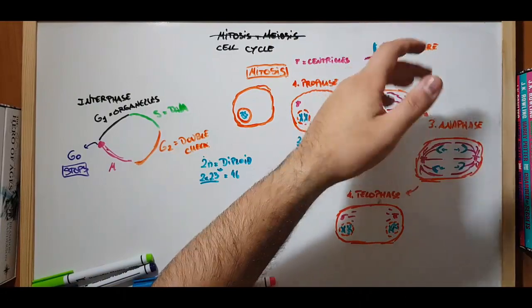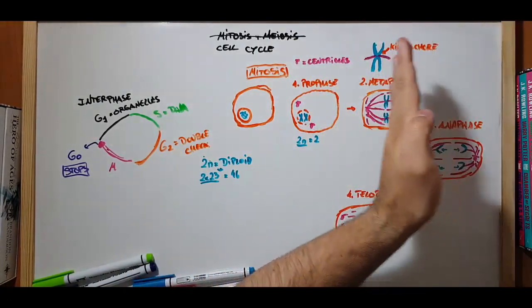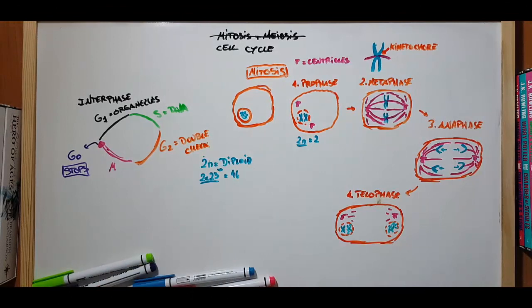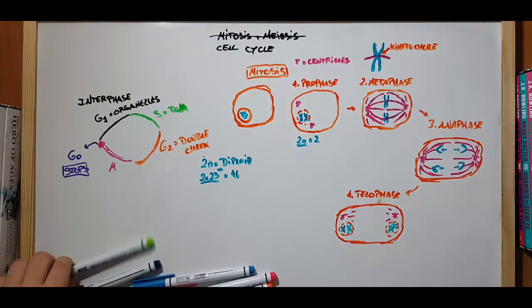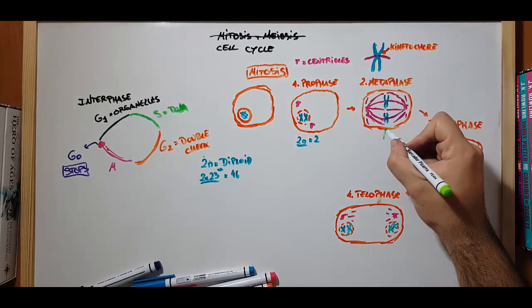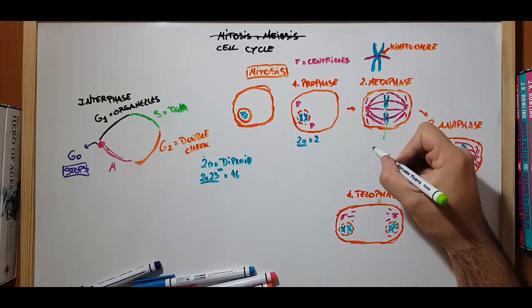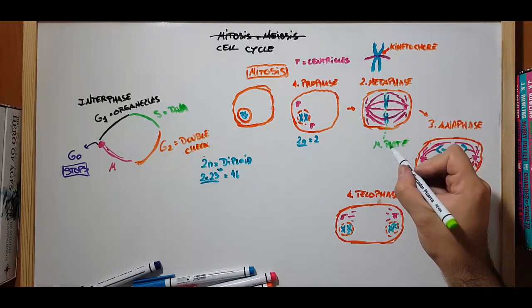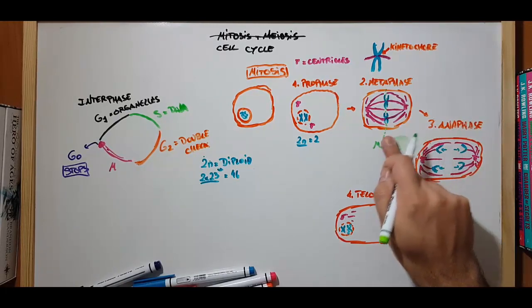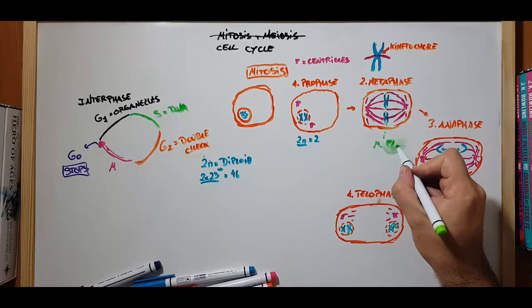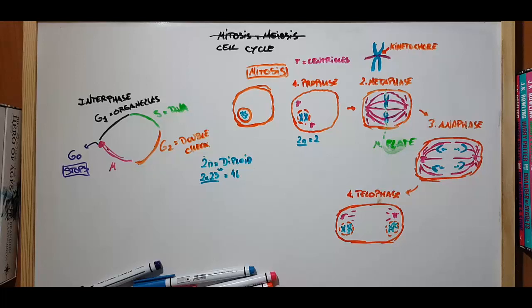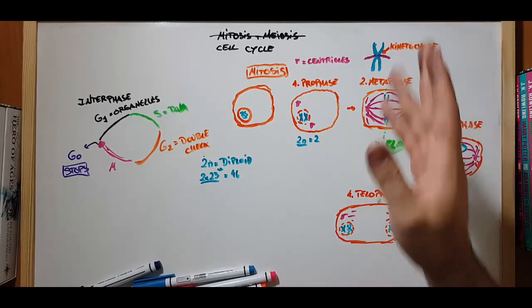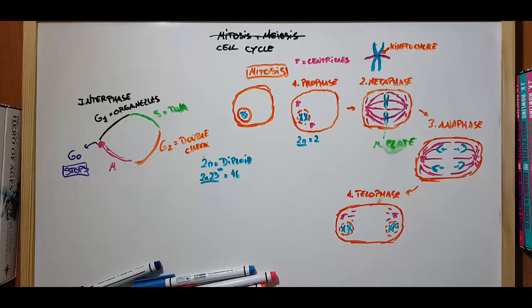In the metaphase, in the metaphasic plate, the thing in the middle where the chromosomes align, this that I'm pointing at is the metaphasic plate, the imaginary plane in the middle where the chromosomes align.